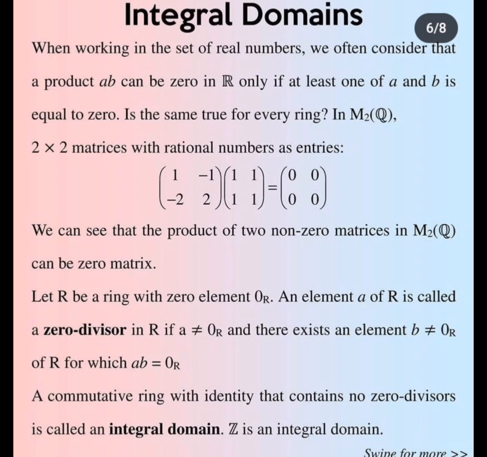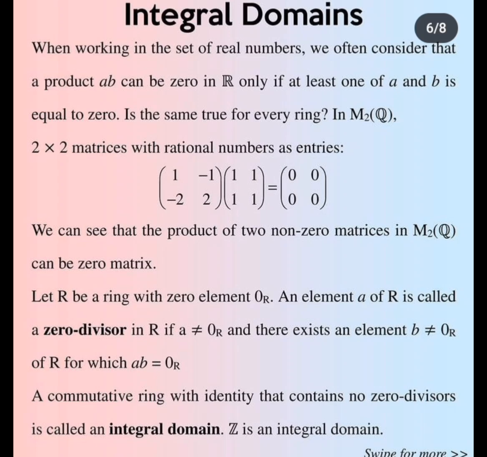It is a zero divisor, but a zero divisor does not mean that the number is zero. A zero divisor can be a whole number, it can be any other real number, but it can never be zero. So A is not equal to zero such that there exists another element B which is also not equal to zero.